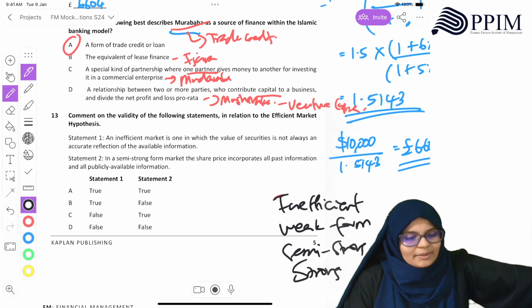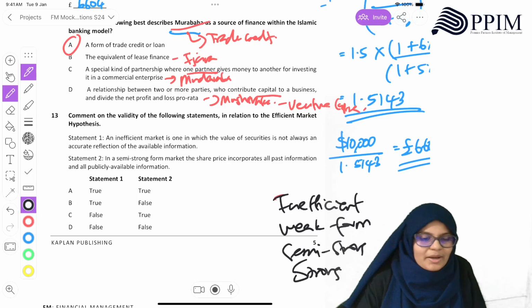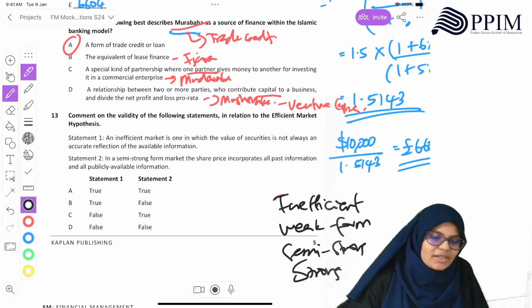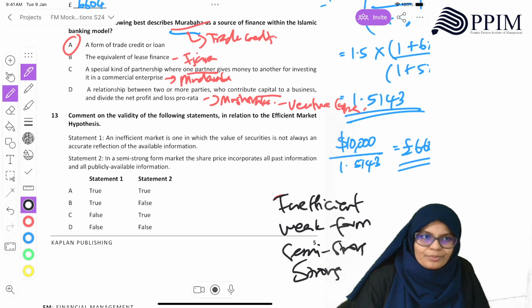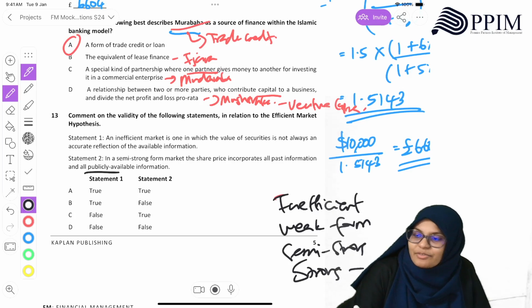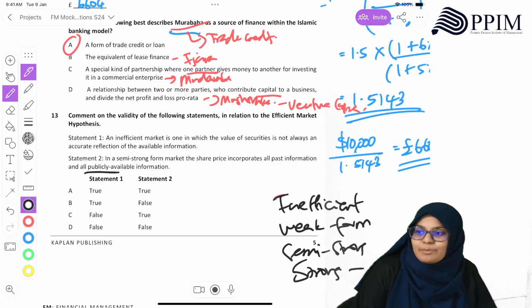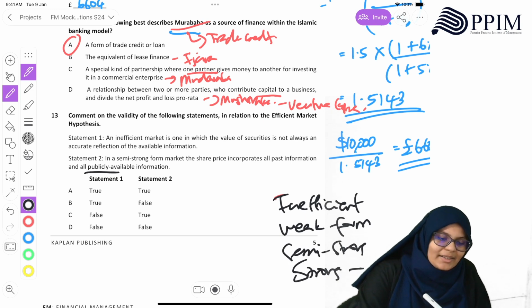Statement 2 is saying in a semi-strong form market, the share price incorporates all past information and all publicly available information. That is also true. Semi-strong form reflects past and public information. Strong means past information, public information plus private information. So both statements seem to be true, which is A.